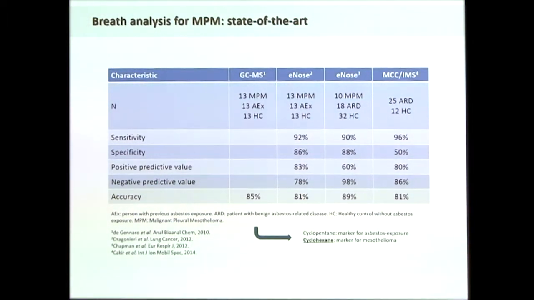There were 2 other studies with about the same number of patients that used an electronic nose. The problem with electronic noses is that they do not identify any compounds in the breath. They look at the whole breath as one, and they try to discriminate between people based on the responses of certain sensors to all of the breath compounds.